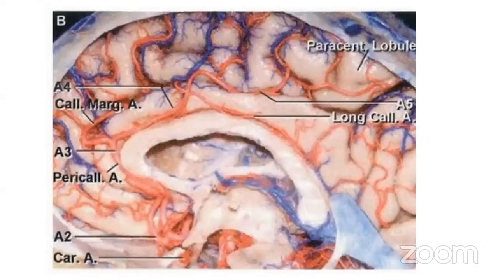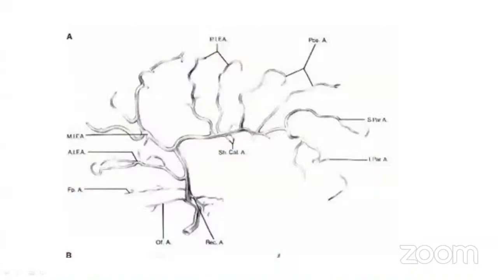So here you can visualize the pericallosal artery starting from the A2 segment, running and forming the A3. And here, running in front, is the callosomarginal artery in the cingulate sulcus. So here is the schematic diagram. There is no callosomarginal artery here. A single ACA showing its cortical branches.